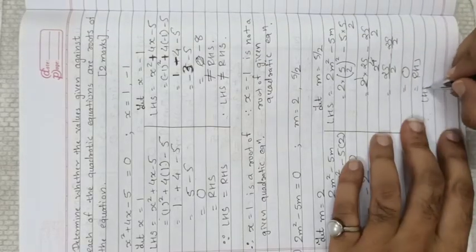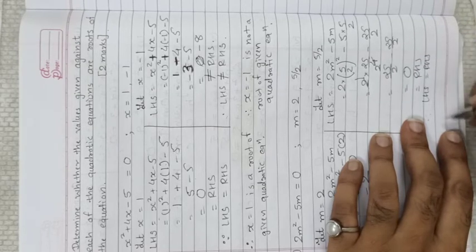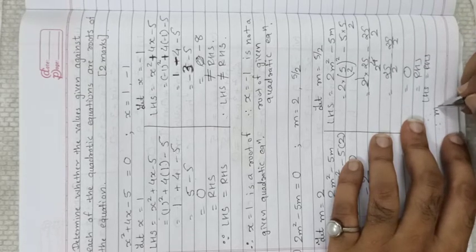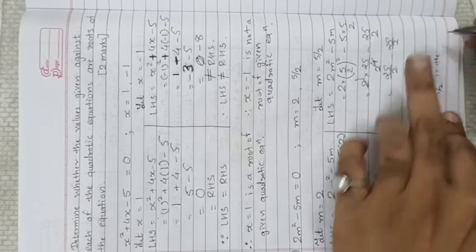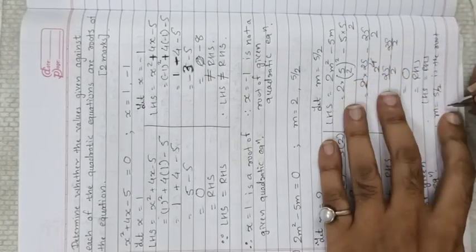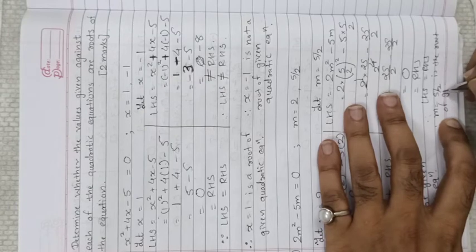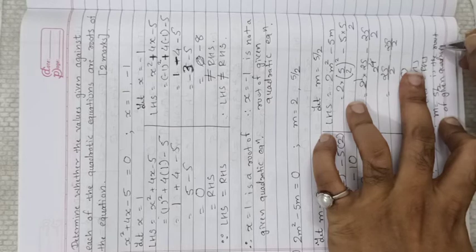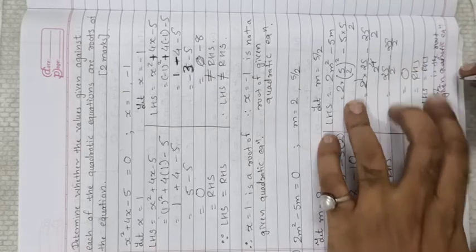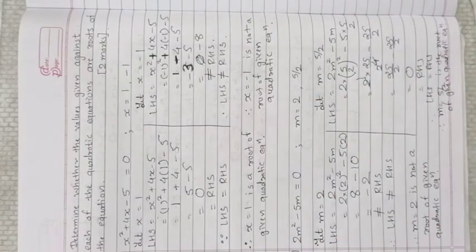Therefore LHS equal to RHS, and therefore yes, m equal to 5 by 2 is the root of the given quadratic equation. And that is the end of the fourth sum.